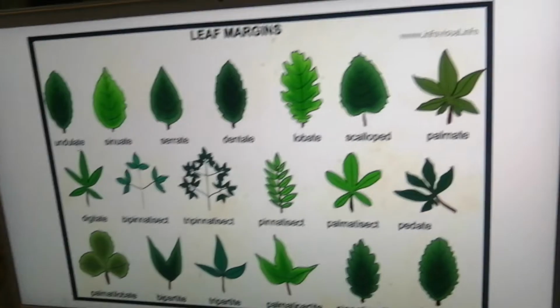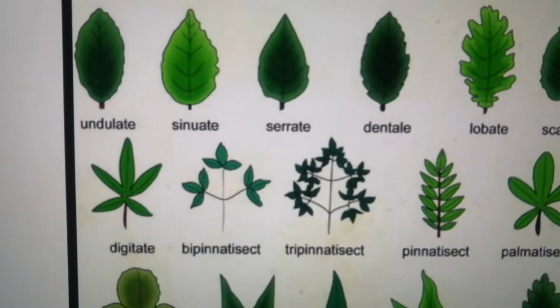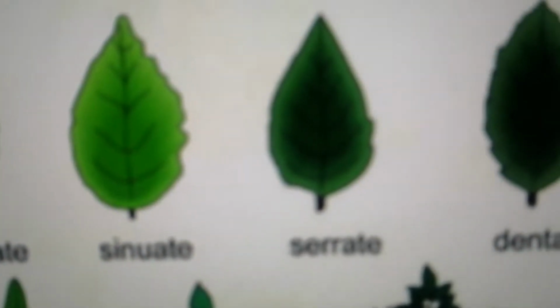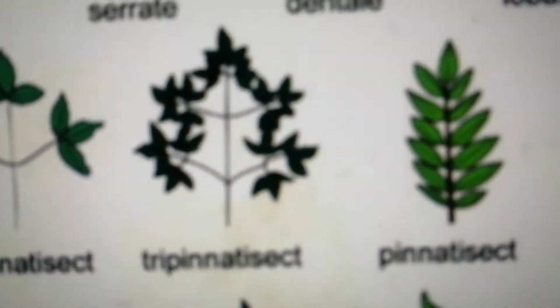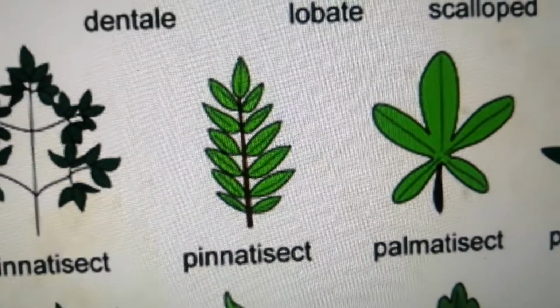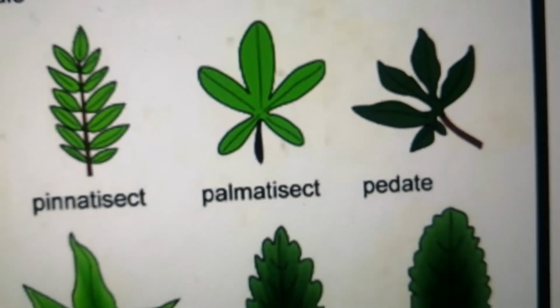So try to look into the illustration of the leaf margins. We have here the undulate, the sinuate, the serrate, the dentate, the lobate, the scalloped, the palmate, the digitate. We have here another example, and this one.